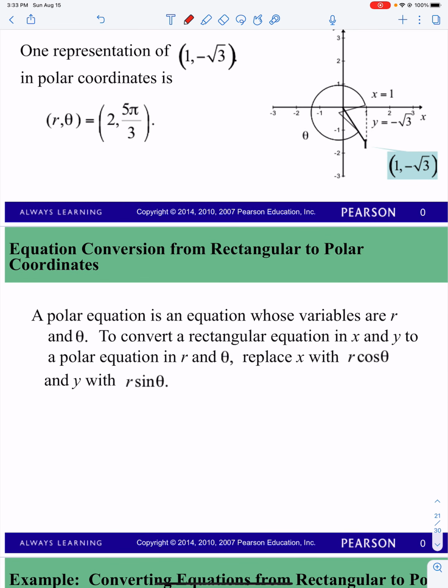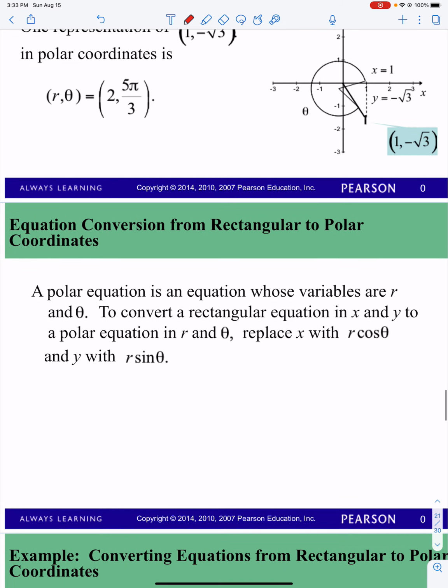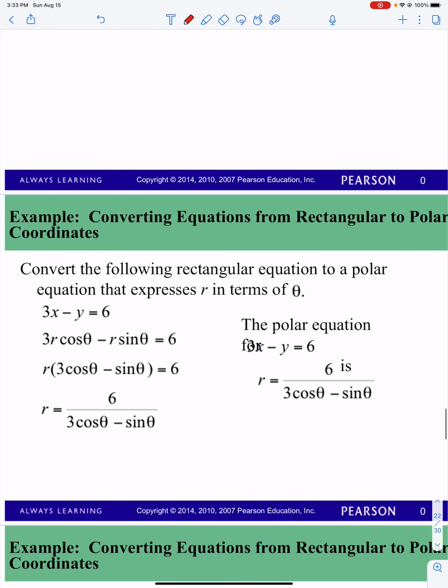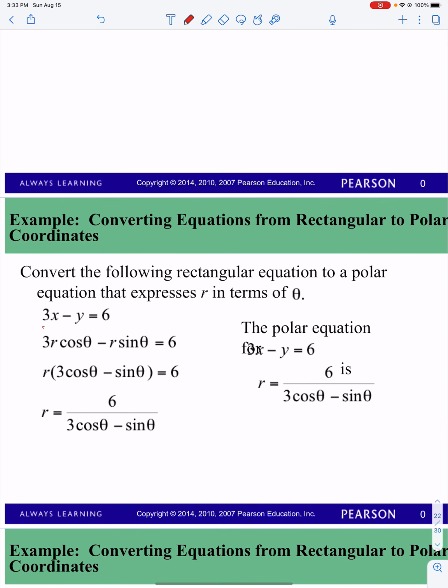So the next thing we wanted to do is convert equations from rectangular to polar and polar to rectangular. What will we do? It's the same thing. So 3x minus y equals 6, and we want the polar form. What is x again?